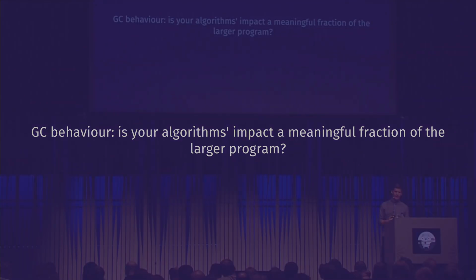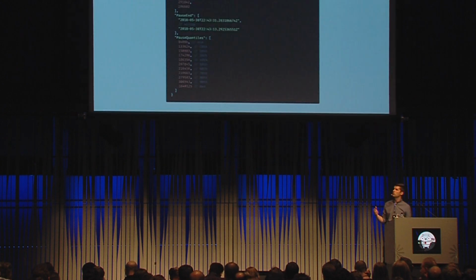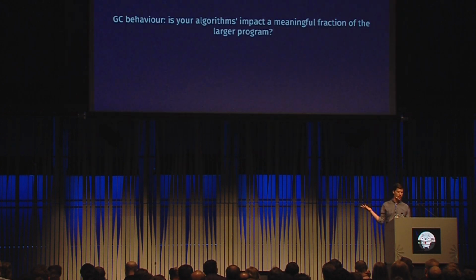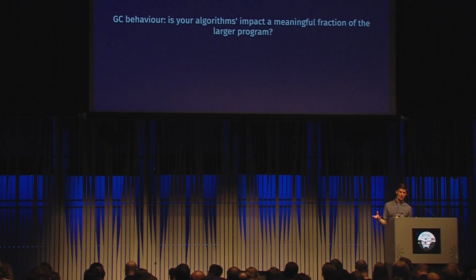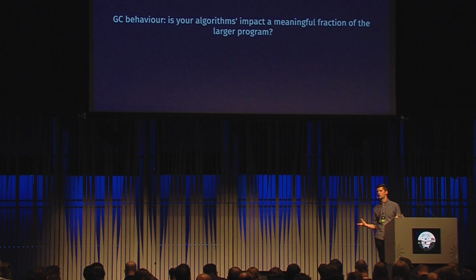Are they actually going to contribute back to the pause times that we just looked at in any kind of meaningful way, right? We need to be really careful about assuming that a two times or 5 times or 20 times increase in allocations between two micro benchmarks is actually proportionally going to impact the rest of our program. We shouldn't expect that, and obviously a slight spoiler, we shouldn't expect that a 10 times increase in allocations is going to be a dramatic increase in our pause times, that it's going to be pausing for 10 milliseconds or worse every time.